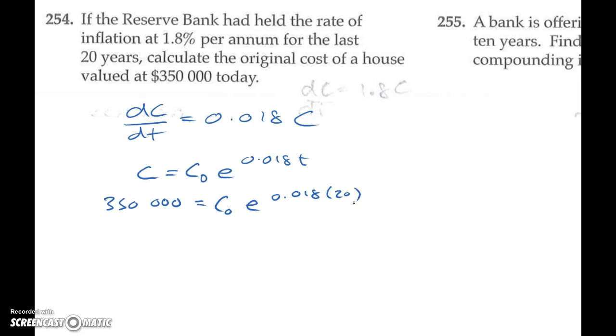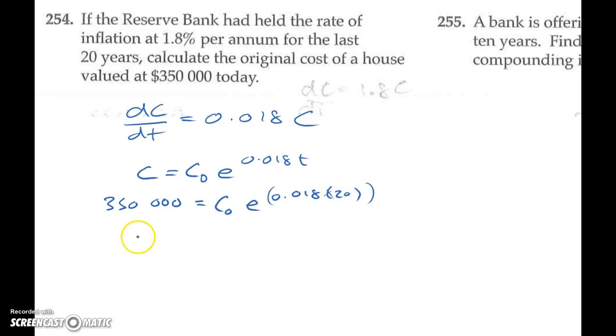So you're dividing by e to the power of 0.018 times 20. Just make sure when you're doing that you put it in your brackets so that it doesn't times that by 20. It needs to be e to the power of everything there. So you need to make sure you pretty much put brackets in there in your calculator.